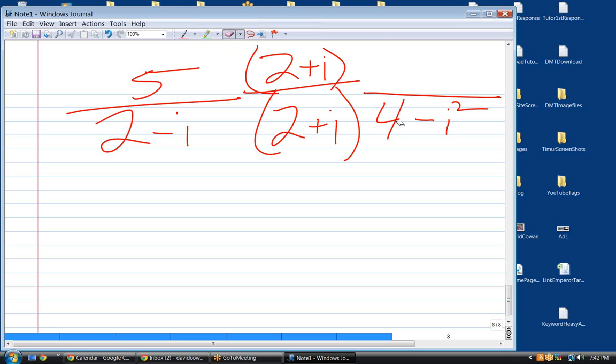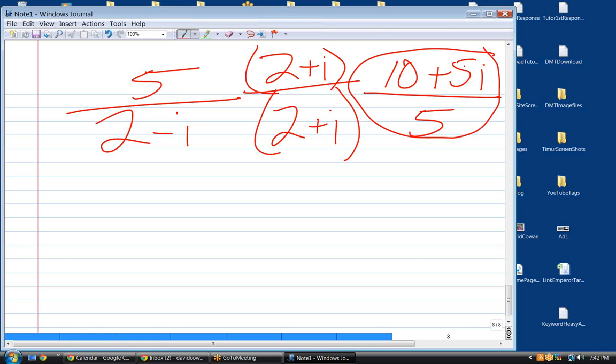Which is just 4 plus 1. And the top? 10 plus 5i. And then simplify it, we'll put it into standard format.